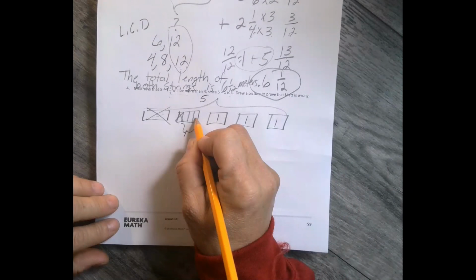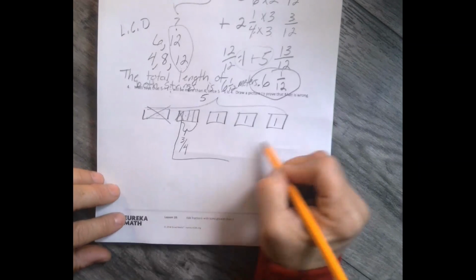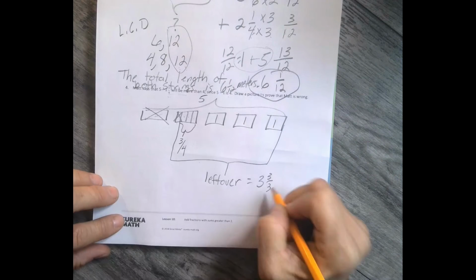So when we take away 1 and 1/4, what are we left with? 1, 2, 3. 1/4, 2/4, 3/4, right? So we are left with 3 and 3/4.